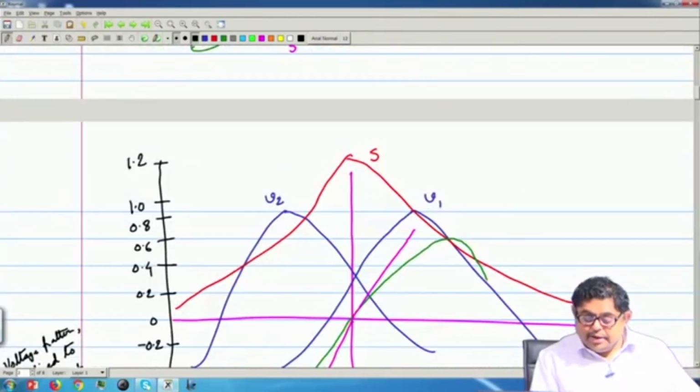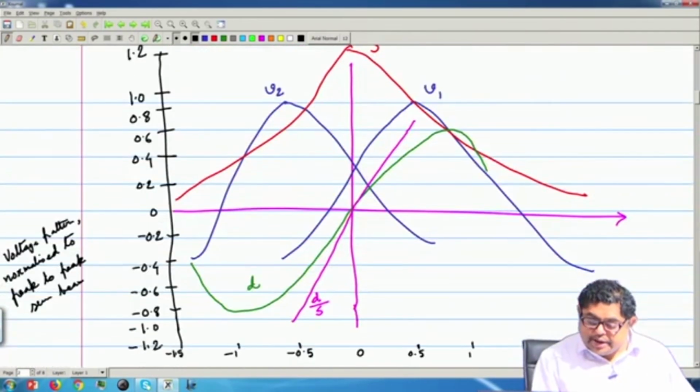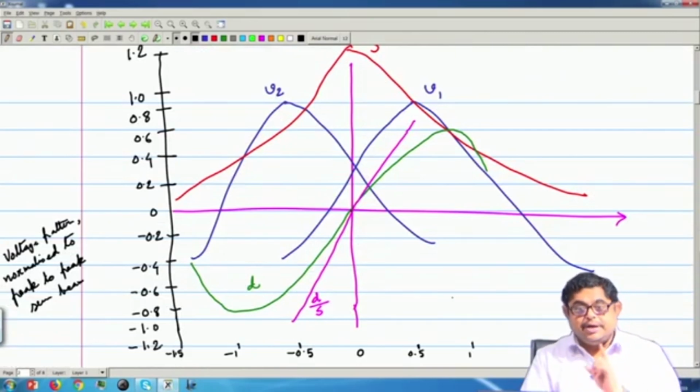You can see in our diagram that this green one is the difference pattern and that has a null here. So, that is the definition.